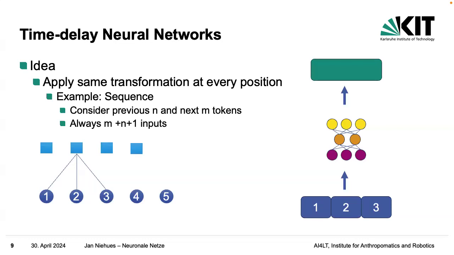We take 1, 2, 3 as input and then apply a normal neural network, at least one layer, so a linear transformation, and then an activation function, and then you have a new hidden representation.